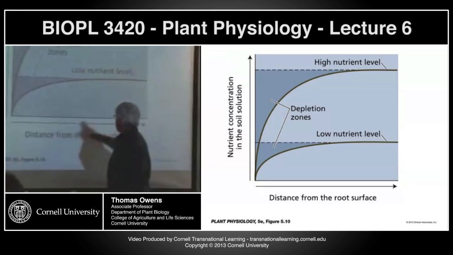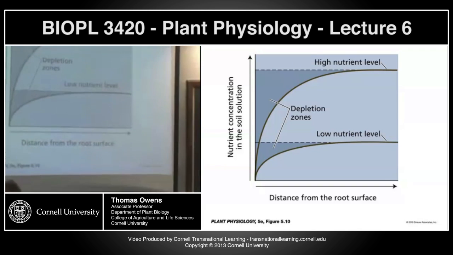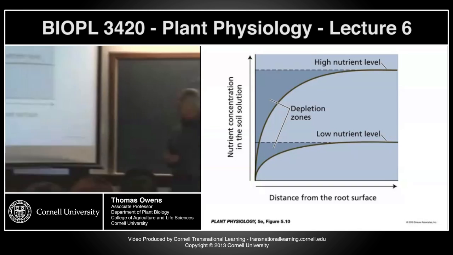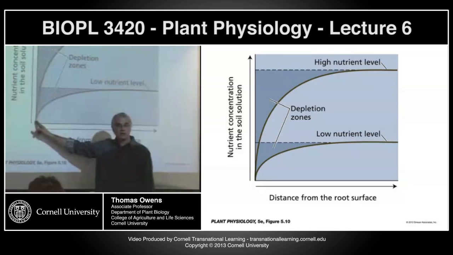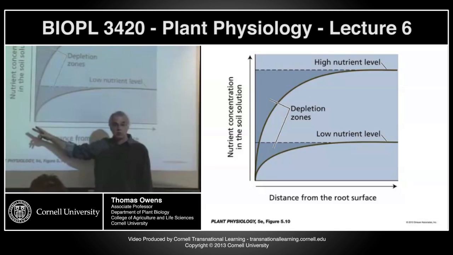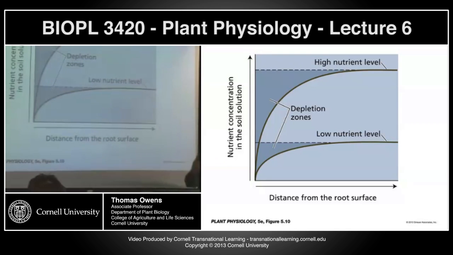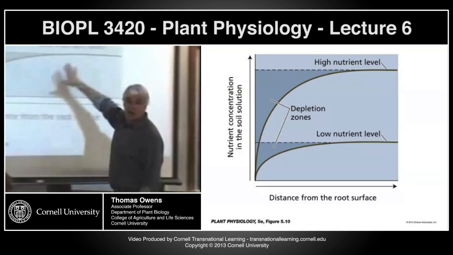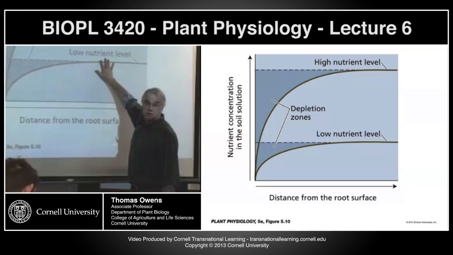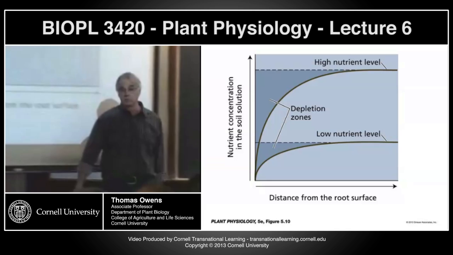What we're plotting is how the concentration of nutrients varies as you move away from the root surface. And not surprisingly, very close to the root surface, it's most depleted. So the actual concentration of solutes that the roots are seeing is typically much lower than the concentration only a few millimeters away from the root.